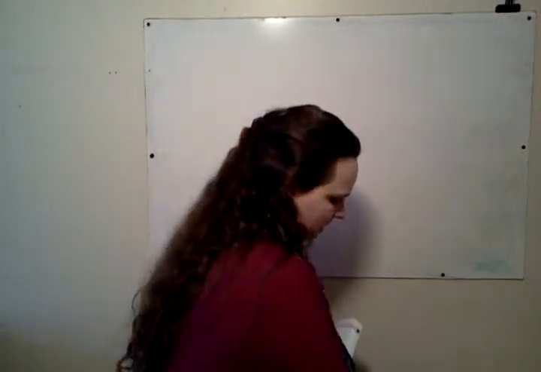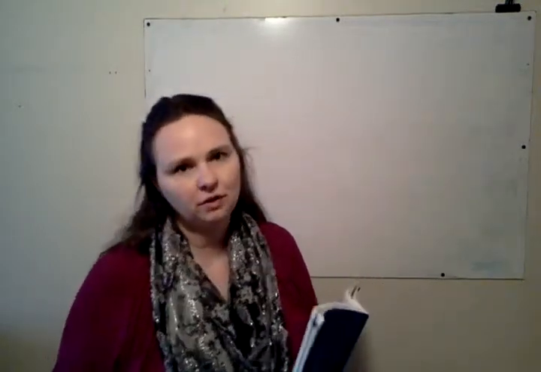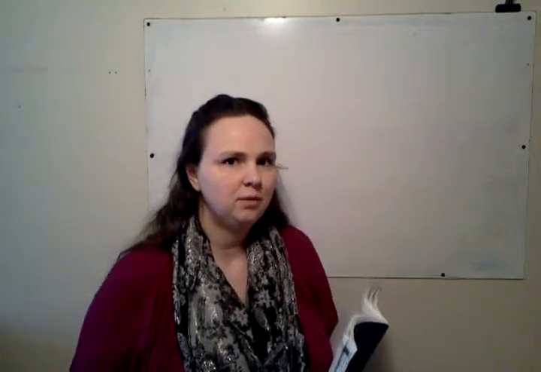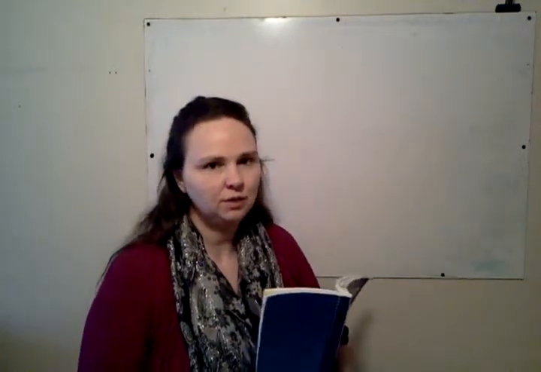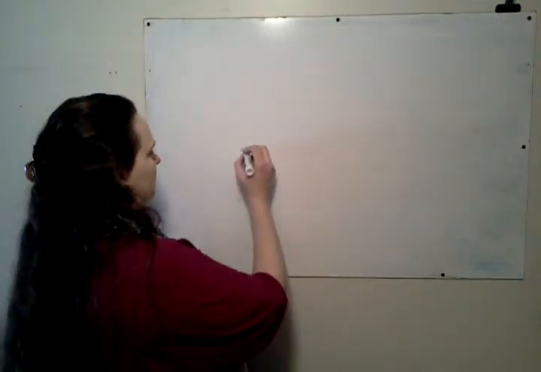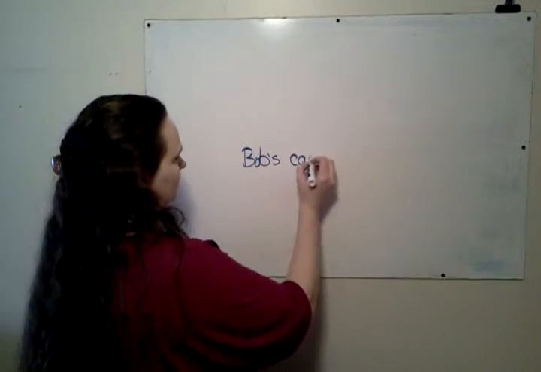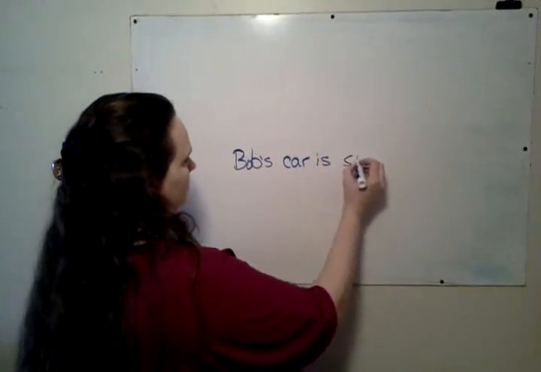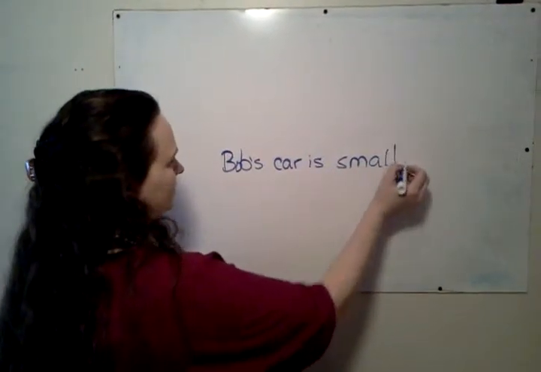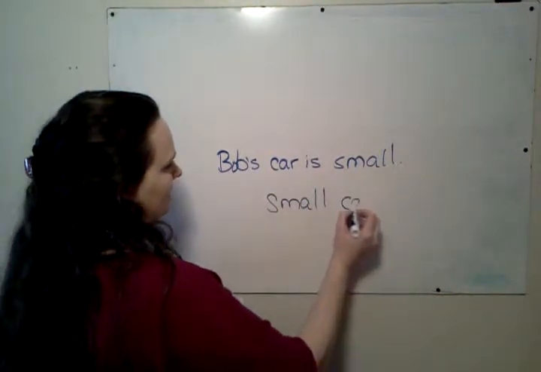Adjectives usually come right before the noun they're modifying, like blue car, small car. But sometimes they come in the predicate part of the sentence, and then they are predicate adjectives. For example, Bob's car is small. What I'm saying is that Bob has a small car.